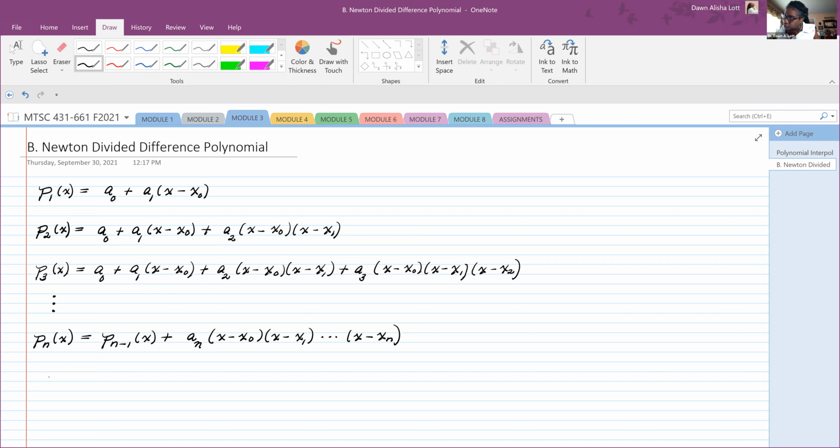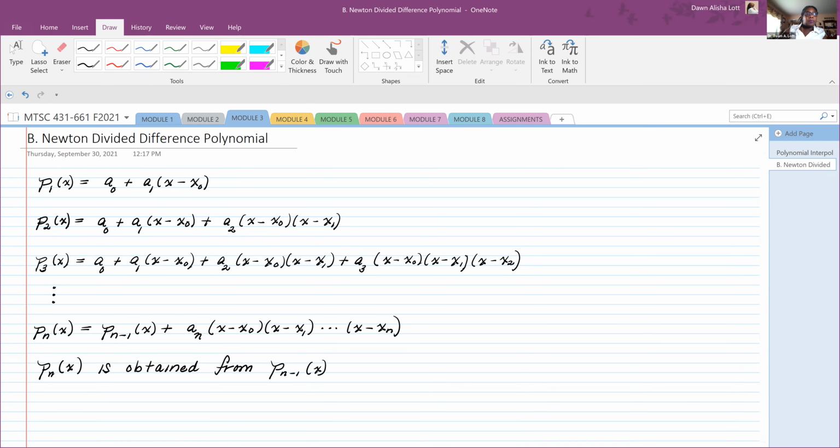So as you can see, Pn of X is obtained from Pn minus 1 of X. So that is very nice.